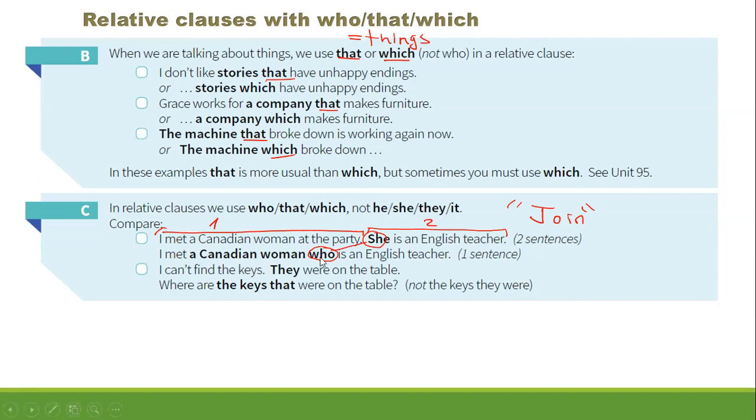And I met a Canadian woman who is an English teacher, right? One sentence, not two sentences like the first one. I can't find the keys. They were on the table, right? Or where are the keys that were on the table? So not the keys they were, right? Where are the keys that were on the table? Just that.